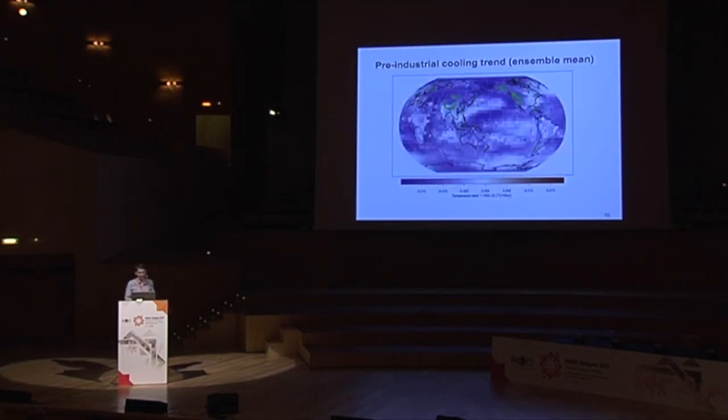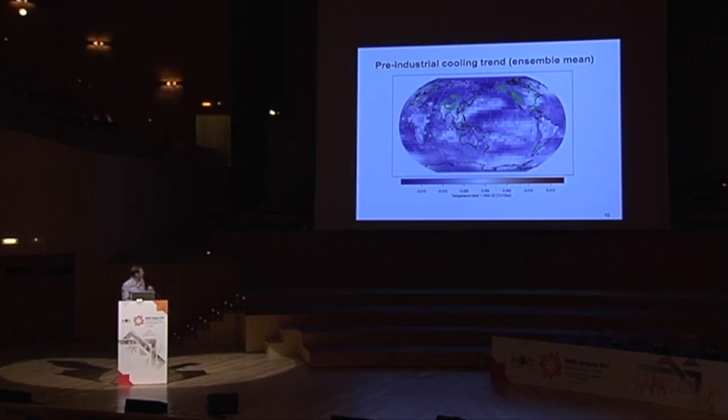So if we look first at the cooling trend, we take the ensemble mean of all the different reconstruction methods, and then we compute the trend from the year 1 to 1850. And we see that over that era, over most of the globe, we have cooling, though there are quite a few places on Earth where the trend is flat or even warming over that time period for this ensemble mean of all the reconstructions.